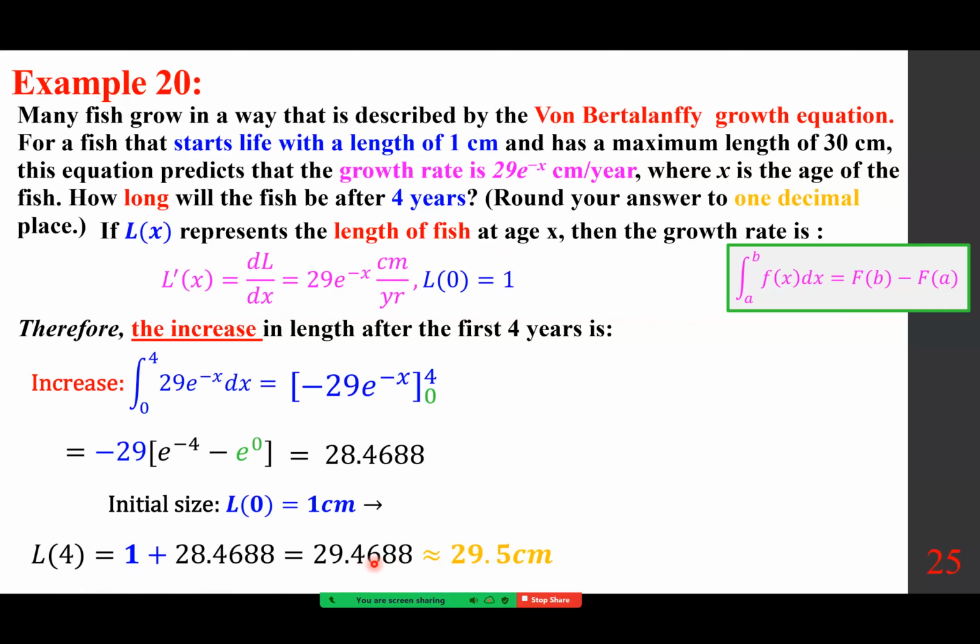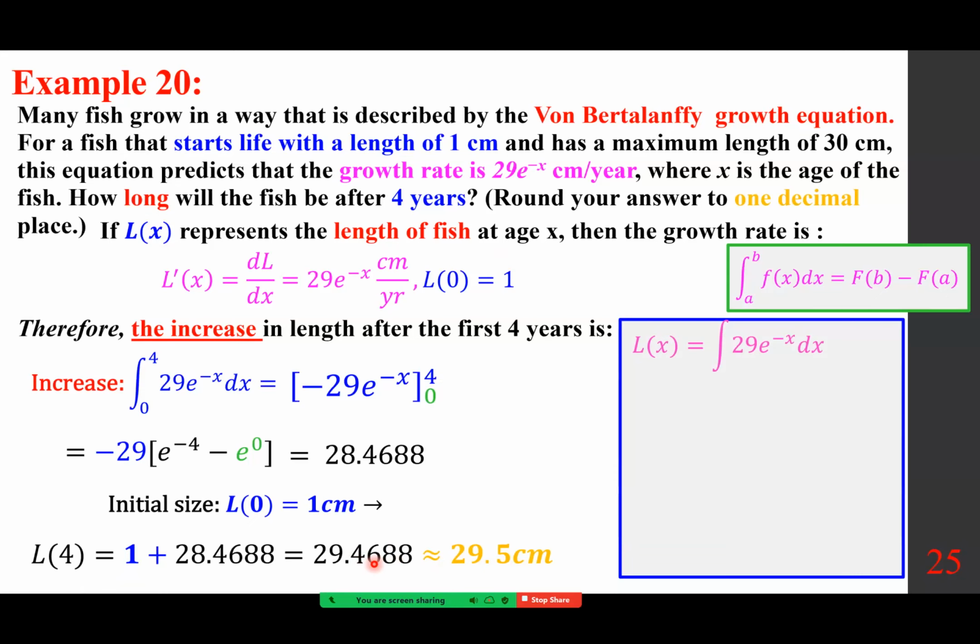And if you recall the second method, we said L prime of x equals 29 e to the power minus x. We did it here. We ended up with this. So let's write this one plus a constant. And of course, L of 0 is 1, and that helps us find the constant. So L of 0, if I replace this one with 0, I get 1.